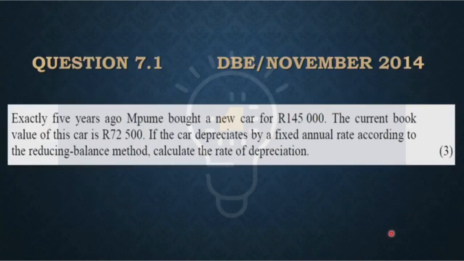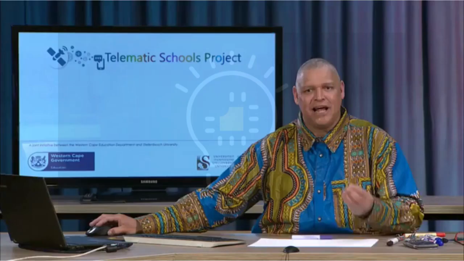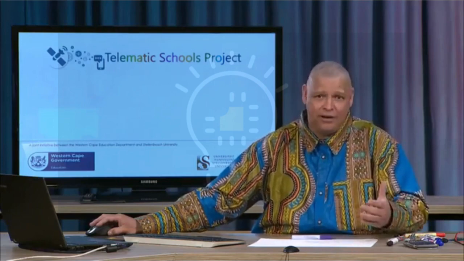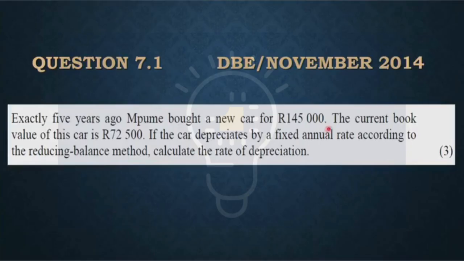Notice this question that is drawn from the DBE November 2014 exam paper 1, and it was question 7.1. For 3 marks, the question said, exactly 5 years ago, Mpume bought a new car for 145,000 Rand. So that was the value of the car when it was brand new. Of course, the car started getting older. Well, we read on. The current book value of this car is 72,500 Rand.